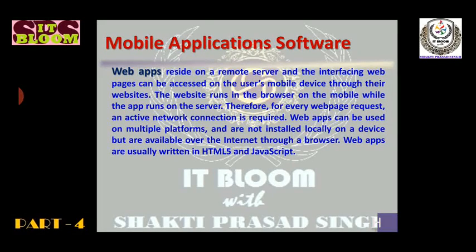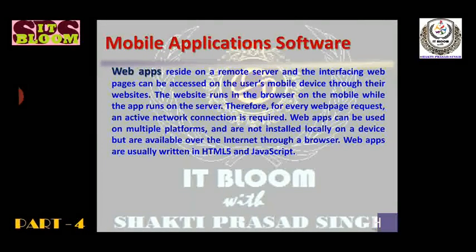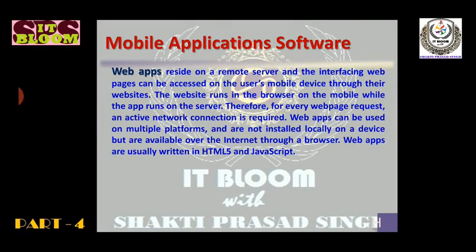But it will work whenever it is connected with the internet, and it connects with the server of WhatsApp. They are communicating with people through the website with the help of the internet of that app, and it is usually written in HTML and JavaScript. Other languages are also used for making that.